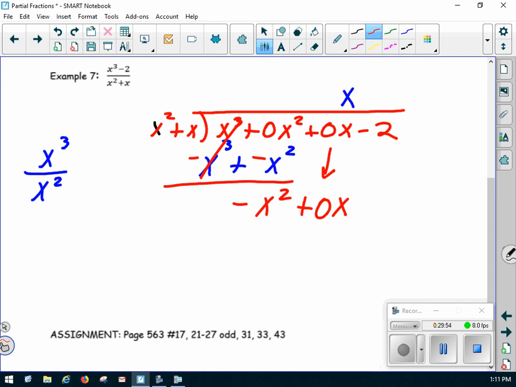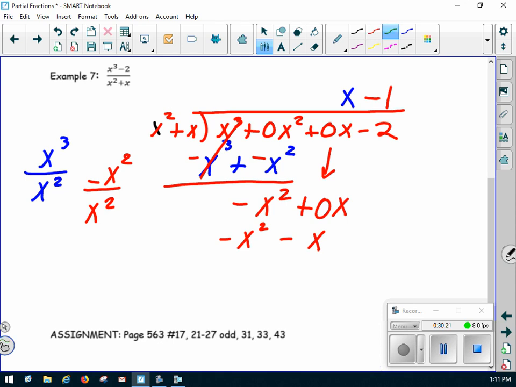Can I divide again? What's negative x squared divided by x squared? -1. -1 times x squared plus x. Once I multiply, what do I have to do with it?